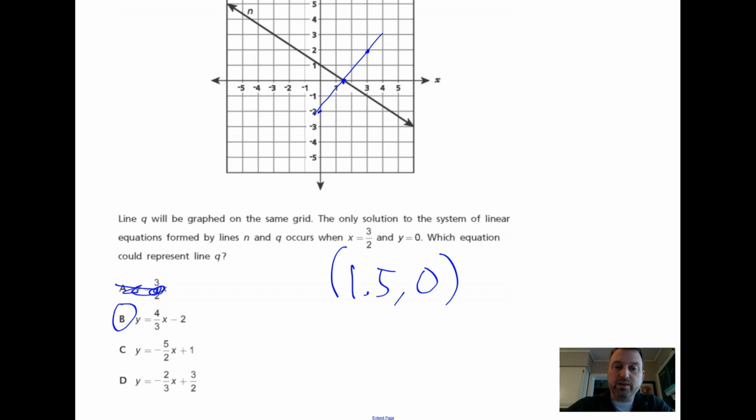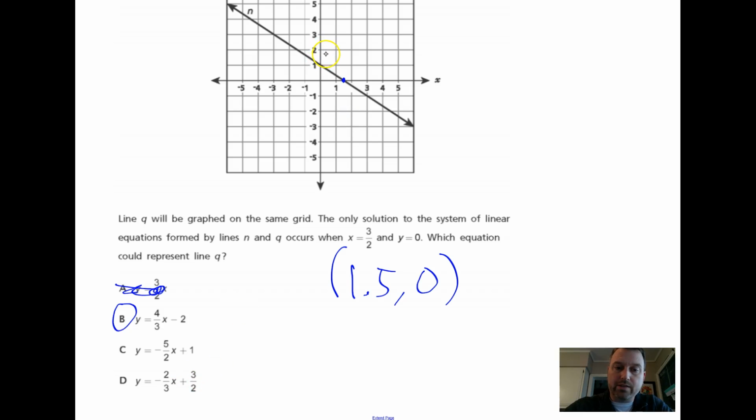All right, so let's just verify why the other ones don't work. Okay, negative 5/2 x plus 1. 1, 2, 3, 4, 5, 1, 2. Okay, choice C is not going to work. And then choice D, negative 2/3 x plus 3.5.